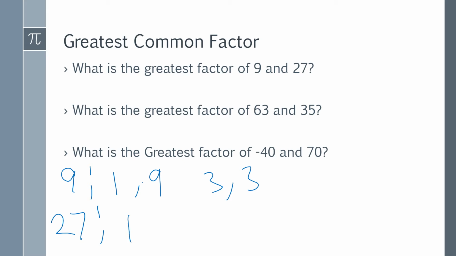So let's do 27: 1 and 27, and 3 times 9. Well, we realize that the greatest common factor is going to be 9. And the other two you will take care of.